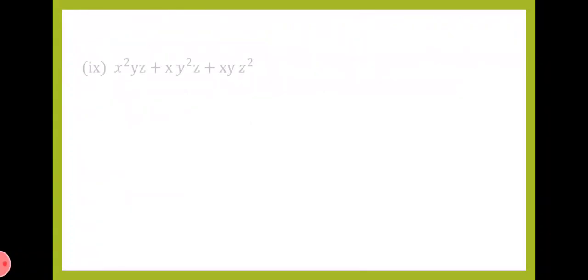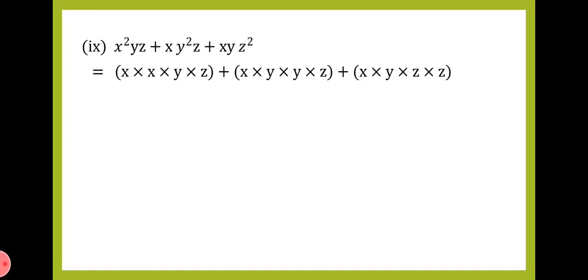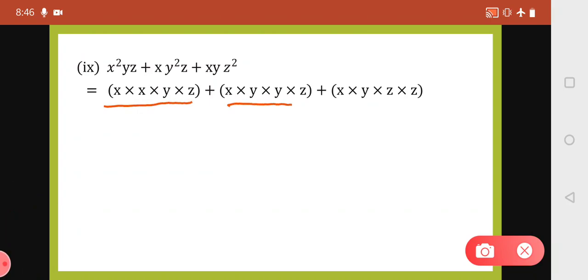Question number 9. x square yz plus xy square z plus xyz square. Now factorizing all the three terms separately, here x is 2 times, so x into x into y into z, plus x into y into y into z, plus x into y into z into z.